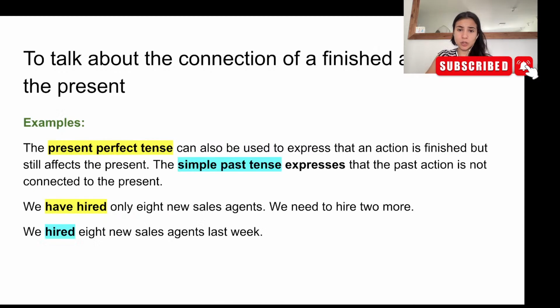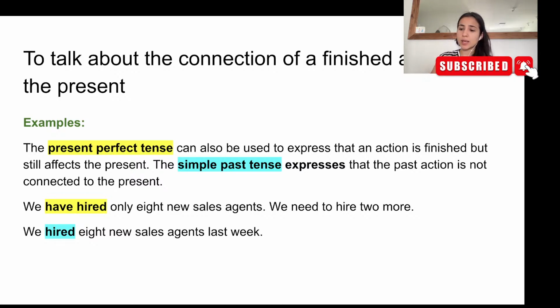However, there is an exception. We can also use it for an action that finished, but only if it still affects the present. Okay? The simple past tense expresses that the past action is not connected to the present. Okay? So if it's still connected to the present, we can use the present perfect.